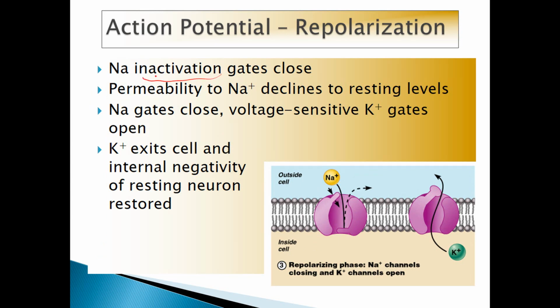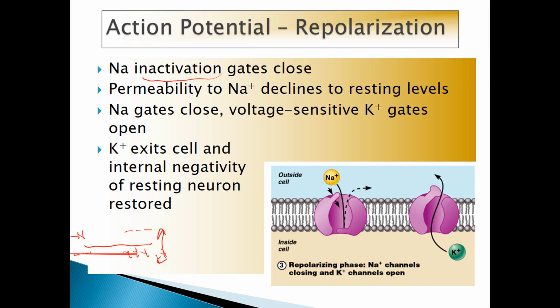Repolarization, the inactivation gates close and potassium gates open. So potassium exits, because think about it, after depolarization, right, at rest we had this. After depolarization, we have this from all the sodium. So now that the potassium gate's open, potassium rushes out.